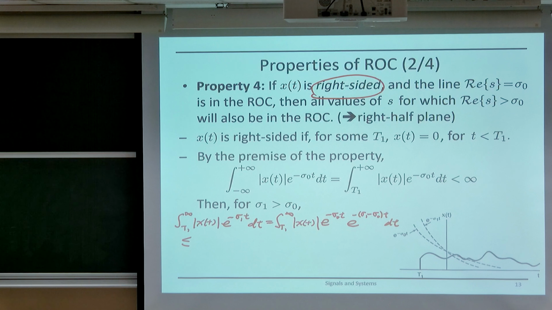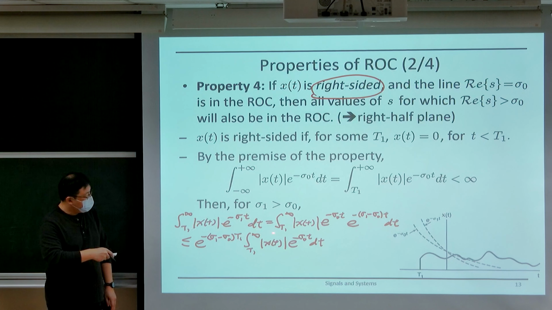This is less than or equal to e to the minus (sigma 1 minus sigma 0) t1 times the integral of the absolute value of x of t times e to the minus sigma 0t dt.